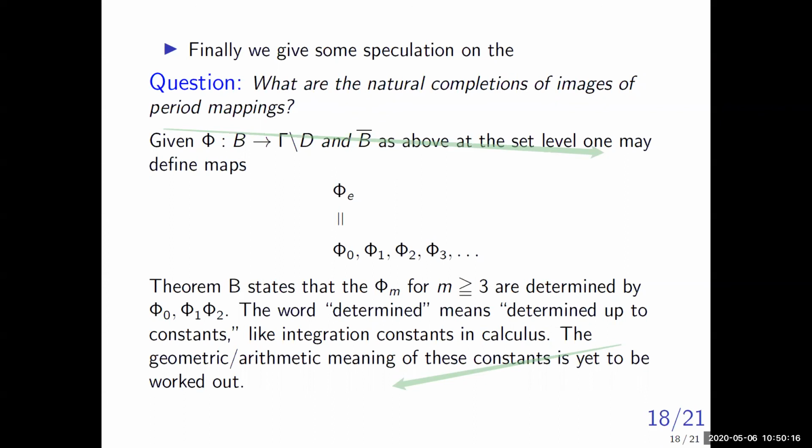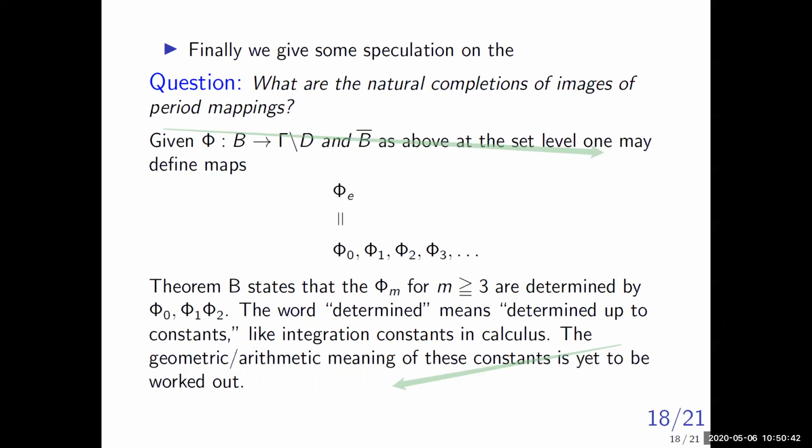It means determined up to some constants, like integration constants in calculus. And the geometric meaning of those, they have arithmetic meaning, actually. They're kind of interesting. If you look at the first non-trivial case, you're getting conductors, the sorts of things that arise in number theory. So they have interesting geometric and arithmetic meaning.